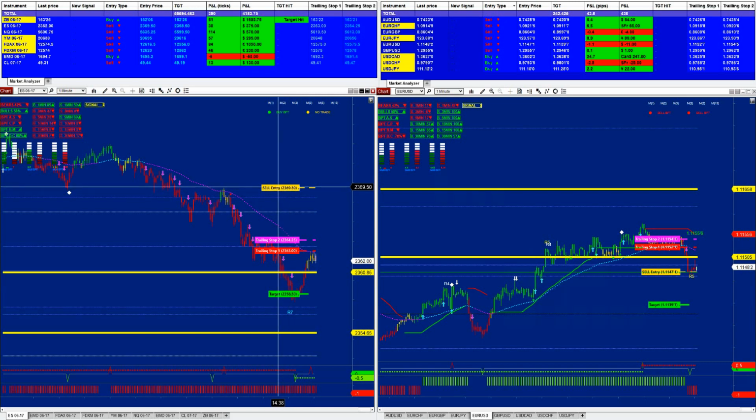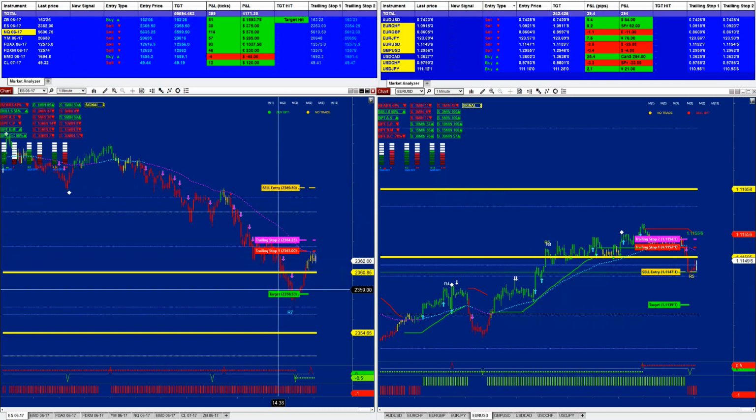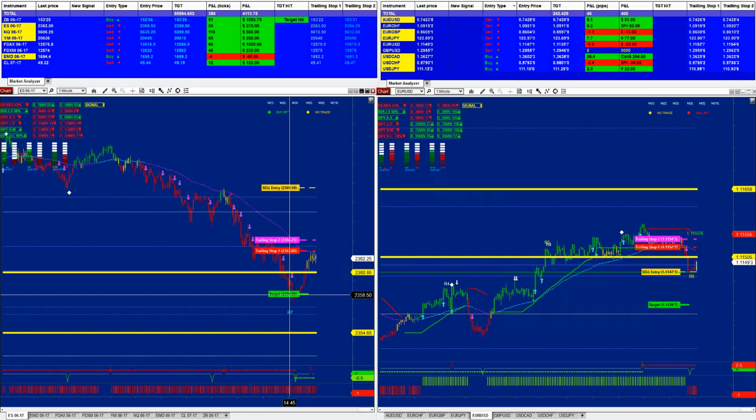So if we are using the auto trade and we have that entry, the auto trade is going to exit at the target and it's not going to initiate any more trades, because now the short trades are over. Even if the market drops farther than the target, it's not going to take any more trade.